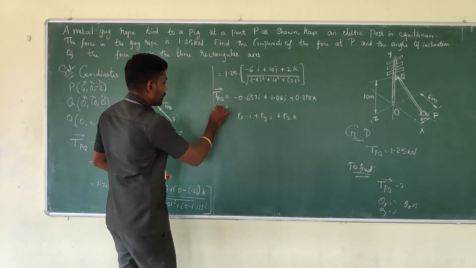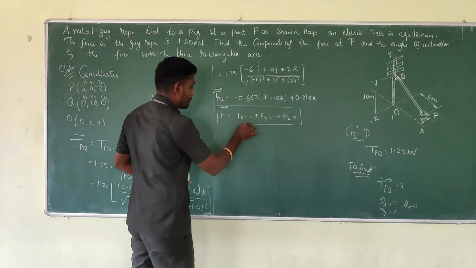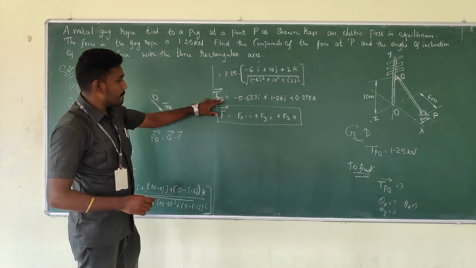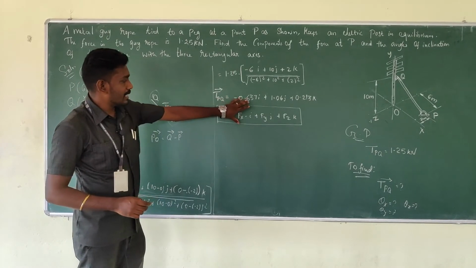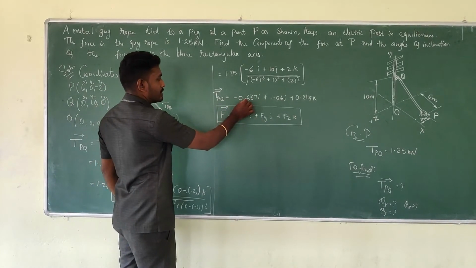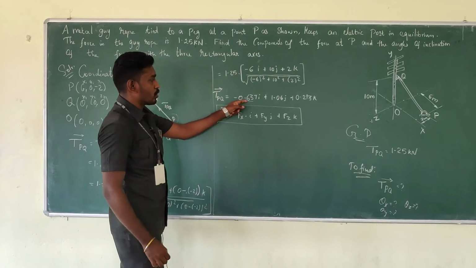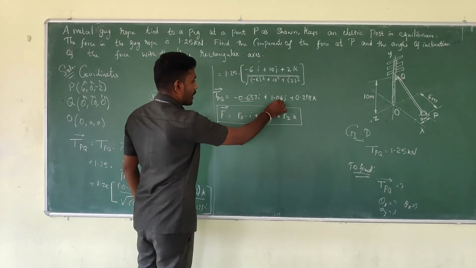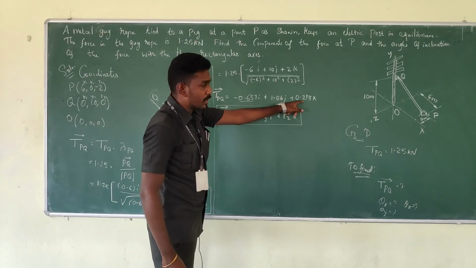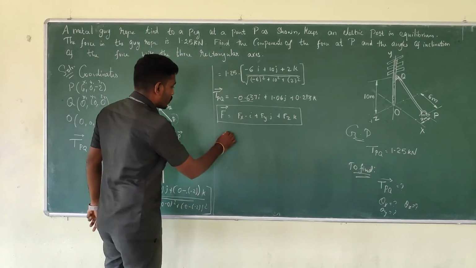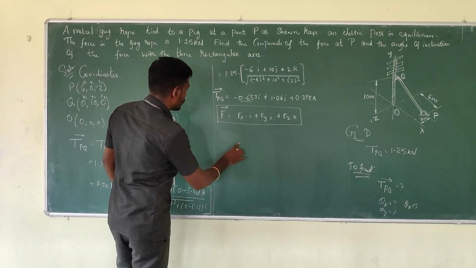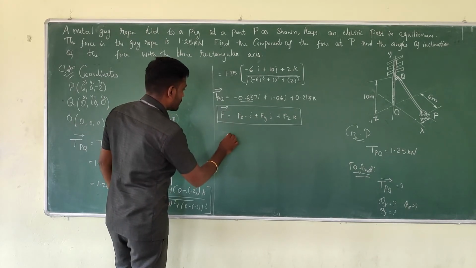This is the general equation. So this tension at PQ is in the same format, so I can say Fx is this value minus 0.637, and Fy is 1.06, and Fz is 0.213.